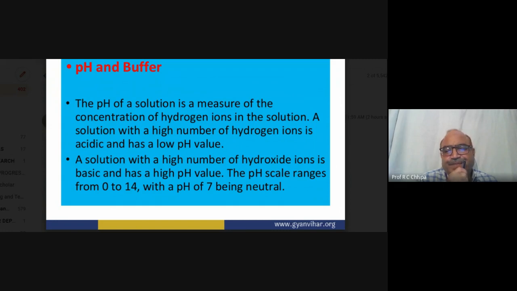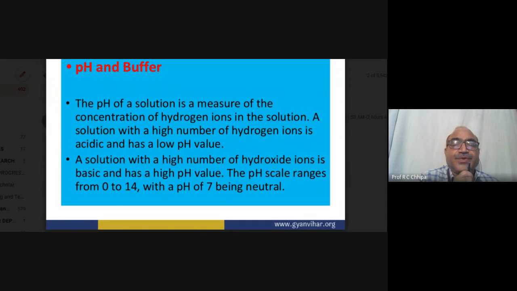Earlier, according to the Arrhenius concept of acids and bases, acids give hydrogen cation in the solution.